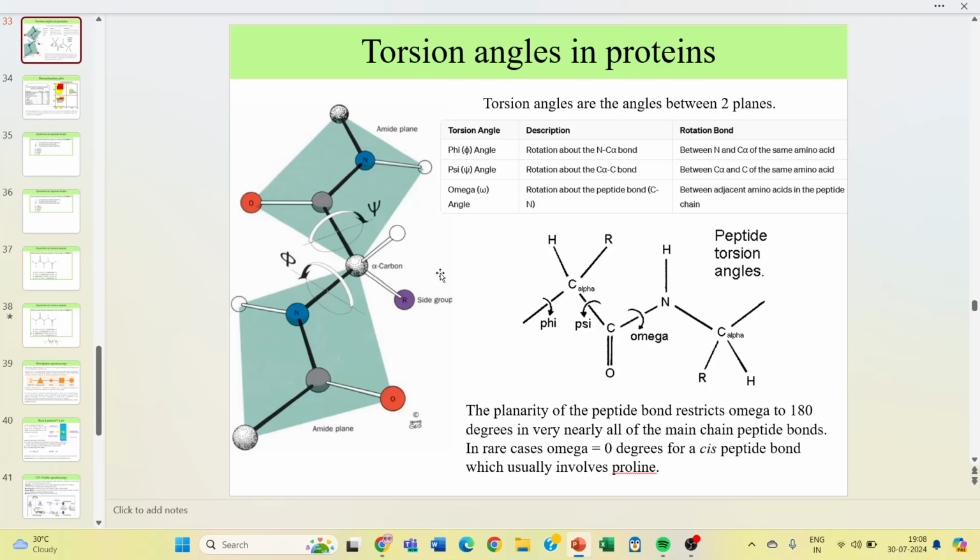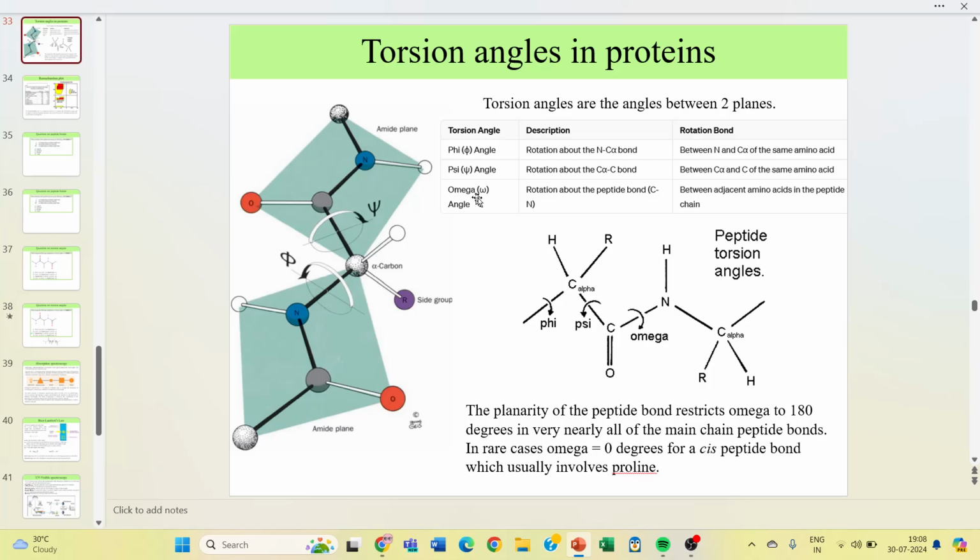So the region on this side of the C alpha rotates, and the region on this side of the C alpha rotates, and all of these rotate as planes. So rotation around the C alpha C is called psi, and the bond between C alpha N is called phi, and these angles of rotation are called torsion angles. So they can be from 0 to 180 degrees.